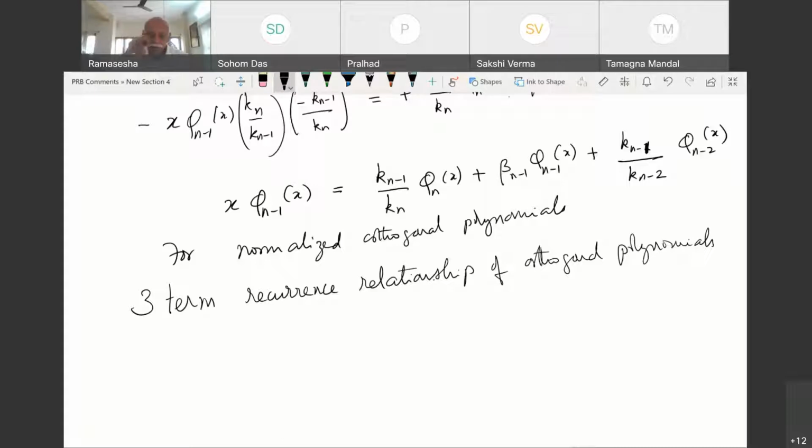Okay, so Hermite polynomials, for Hermite polynomials you can show this recurrence relationship: 2x hn is equal to hn plus 1 plus 2n hn minus 1. It is a recurrence relationship for Hermite polynomial.